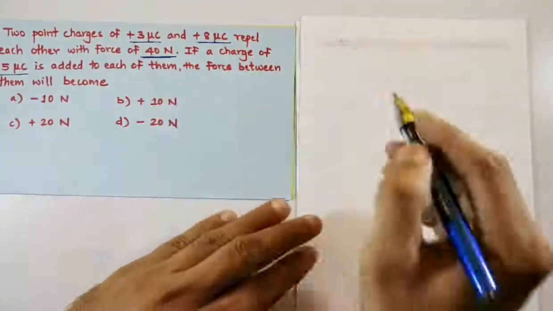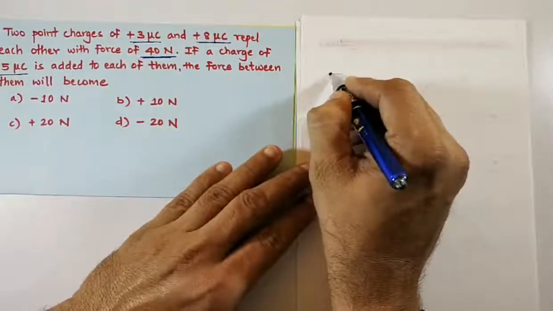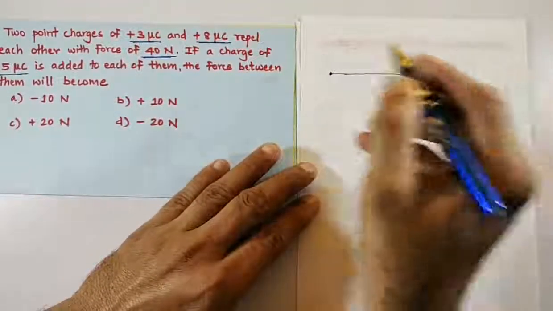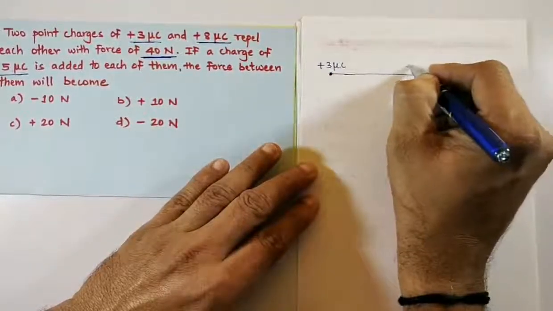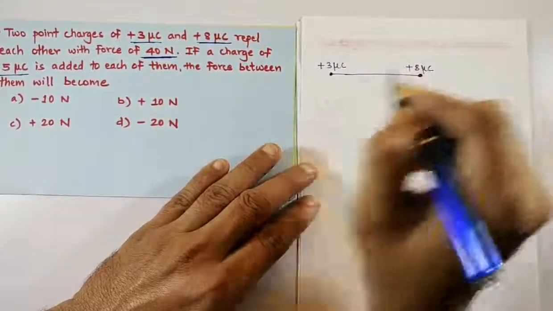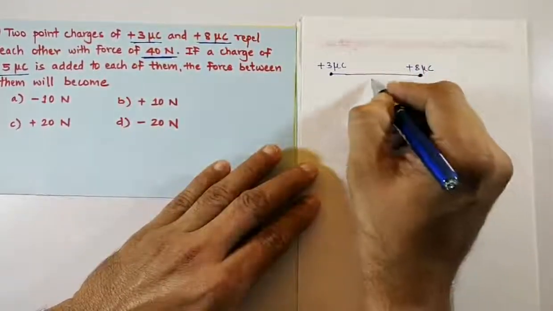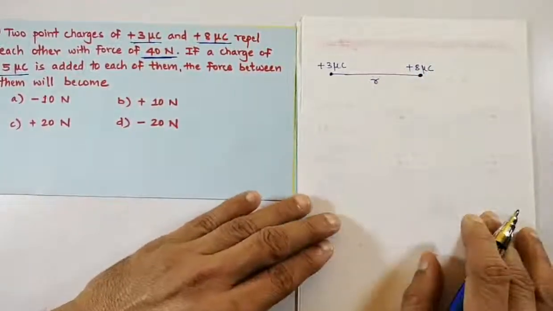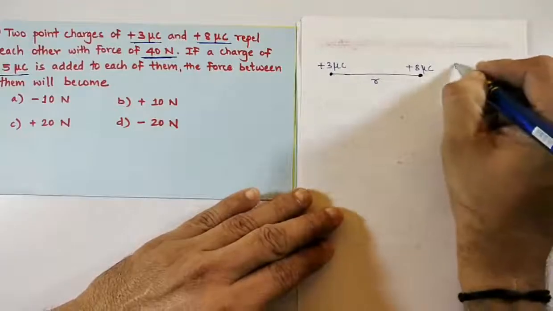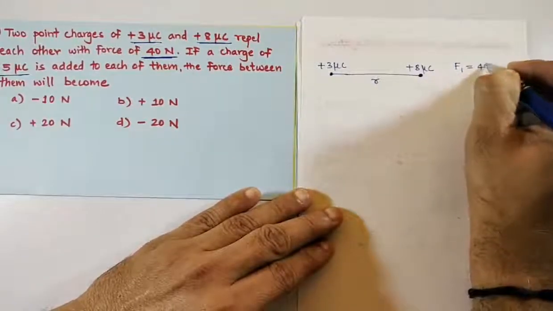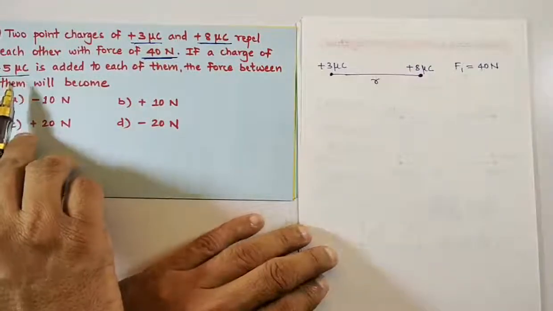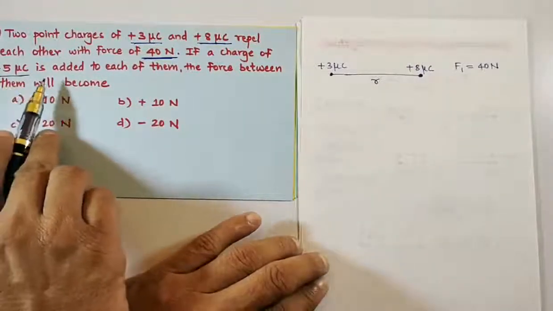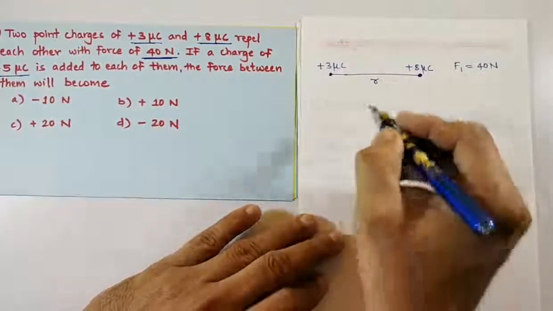So first, there are two charges, plus 3 microcoulomb and plus 8 microcoulomb, separated by a certain distance R. The force between them I will take as F1. F1 is equal to 40 Newton. Now what he says, minus 5 microcoulomb is added to each of them.